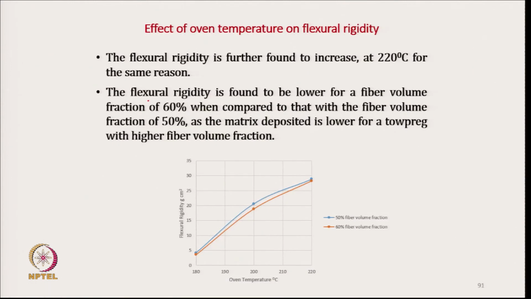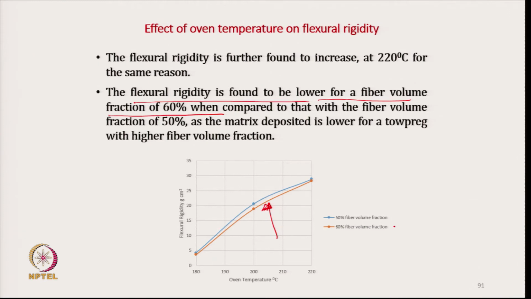The flexural rigidity is found to be lower in case of 60% volume fraction. It is lower because here the polypropylene, which is responsible for enhancing the flexural rigidity, the content of polypropylene is lower.